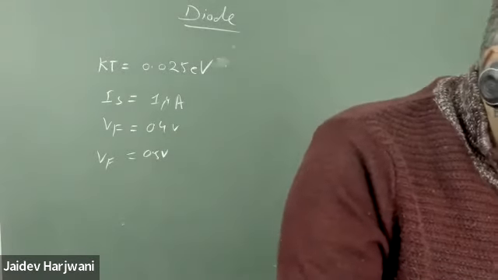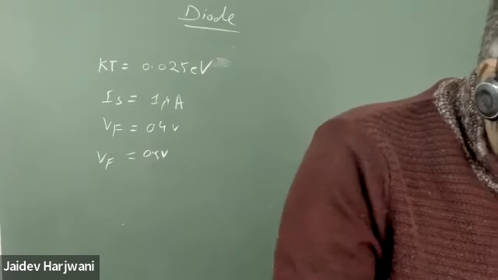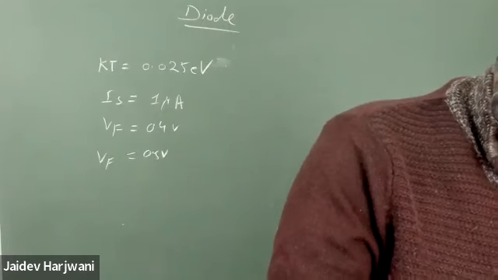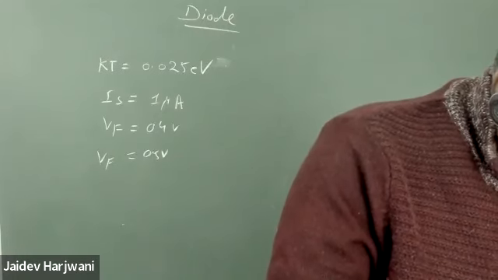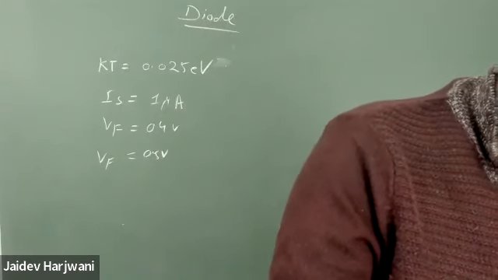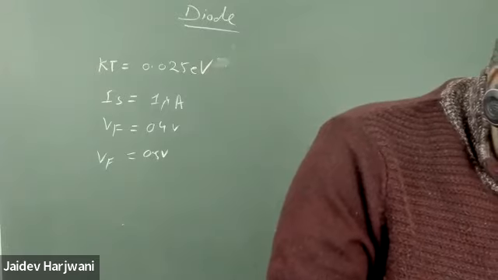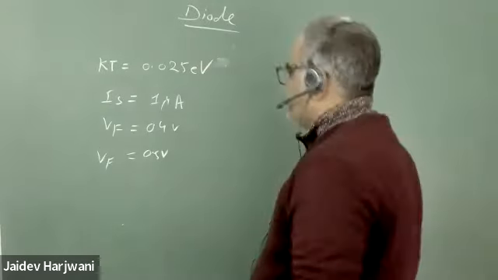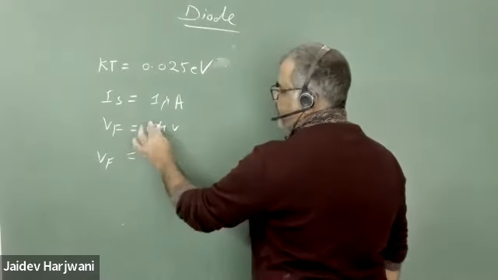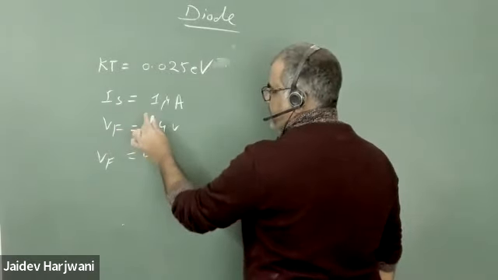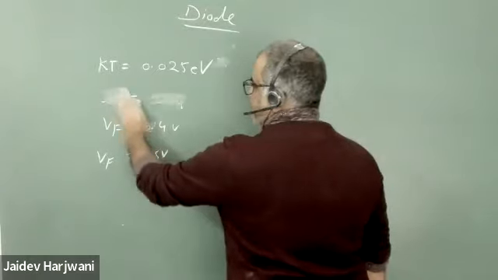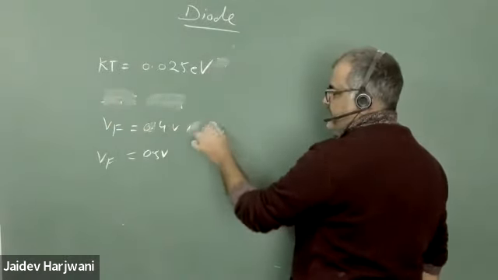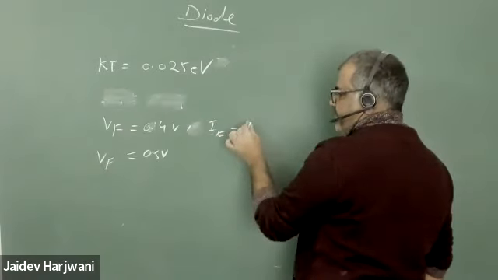Just give me 1 minute. Let me check the question exactly, what they're asking. So a diode with a current of 1 has forward bias voltage. This says when the voltage is 0.4, that time your forward current IF is 1 microampere.